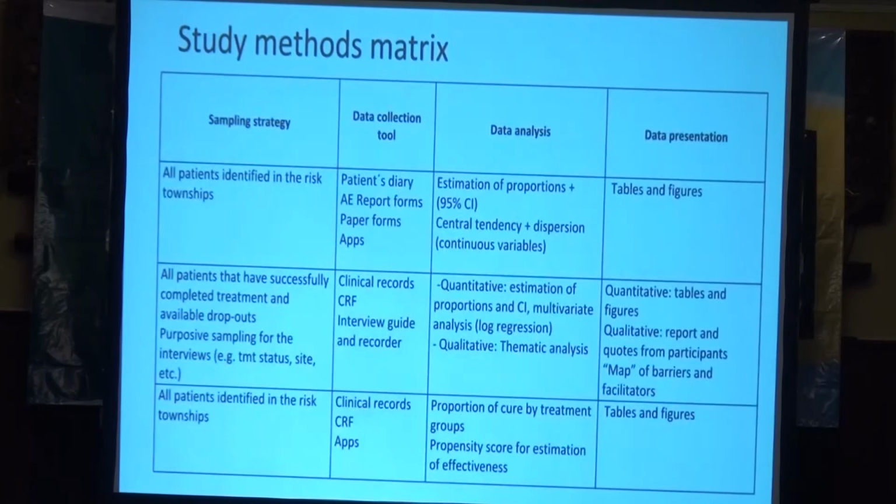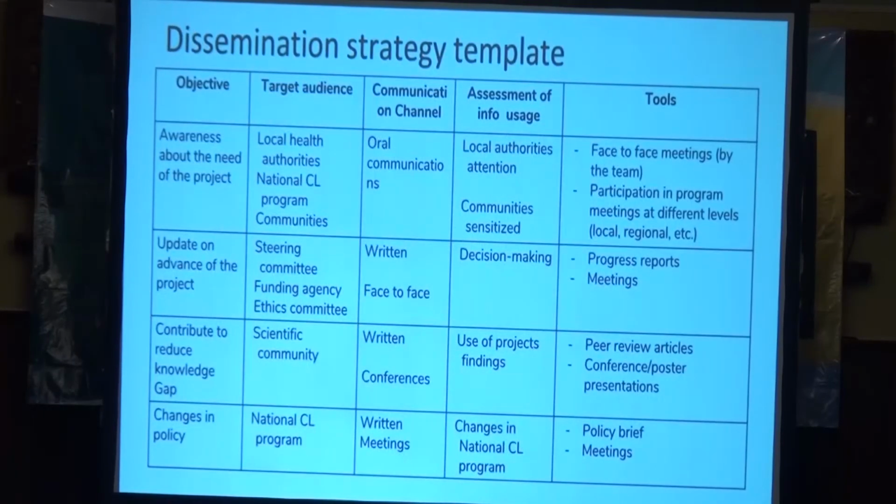And then our dissemination strategy. We want to first create awareness in two different audiences: local health authorities, because remember we are going to work with them in the towns selected, but also communities, and we were thinking that we need to do this from the beginning, of course.